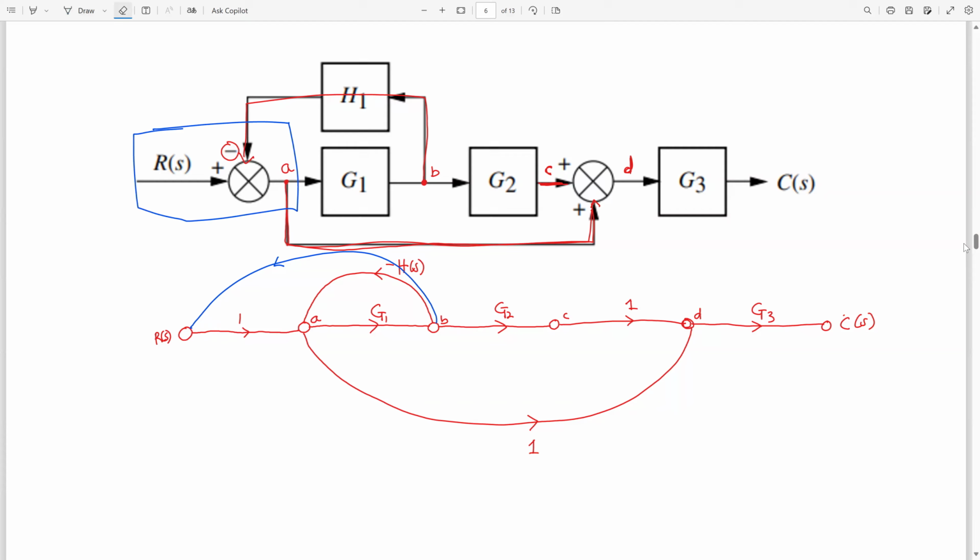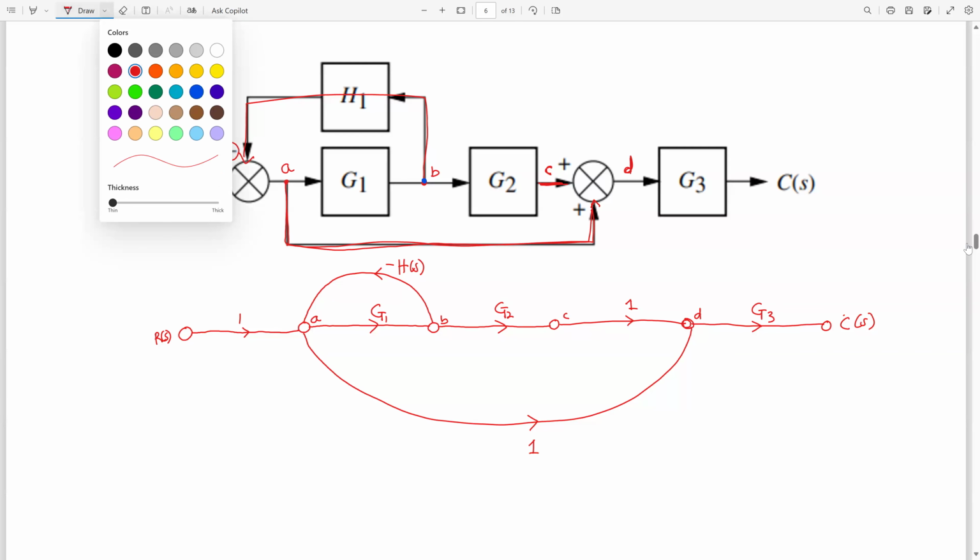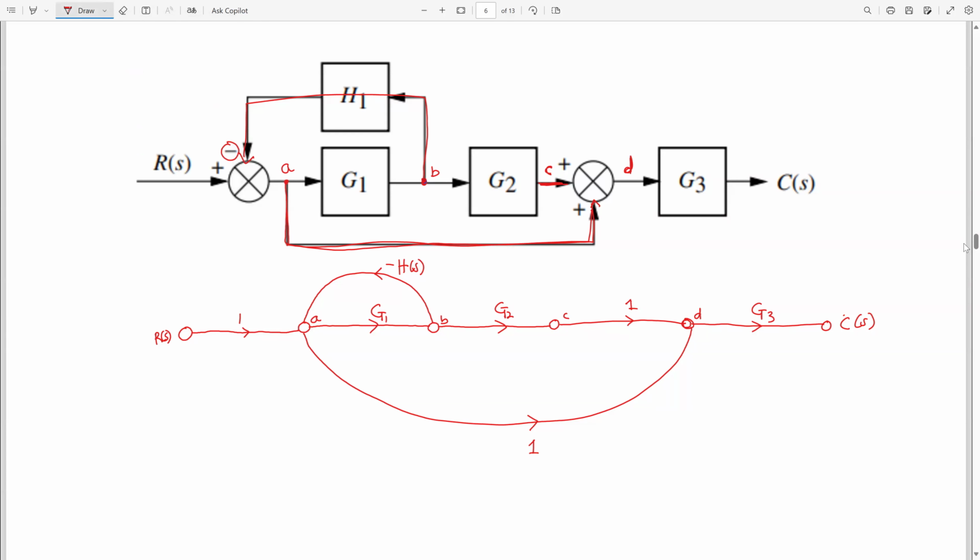So the appropriate thing to do is to draw the curve from this B to the node A to signify that the signal at this particular node here is the output of the summing junction here.